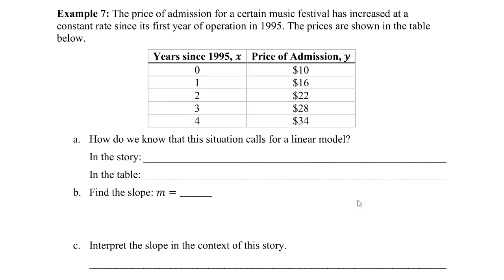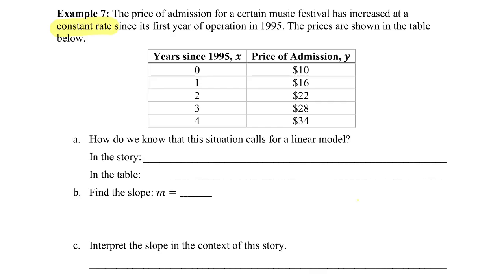So in this story, the price of admission for a certain music festival has increased at a constant rate since its first year of operation in 1995. The prices are shown in this table. So, how do we know, first of all, that this is even a job for a linear model? Well, in the story, there's a phrase that cues us, and that phrase is constant rate.